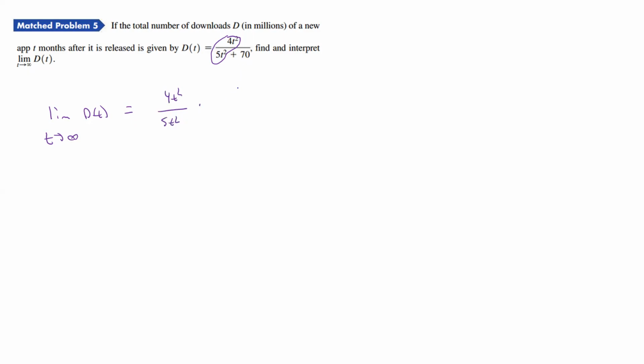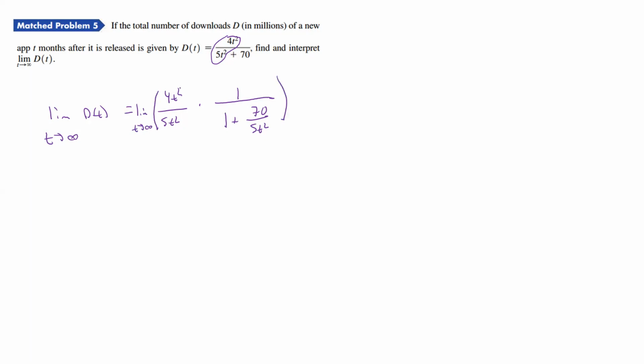What we've done is factor a 5t squared out of this, so that's going to be 1 over 1 plus 70 over 5t squared. And that's still the limit as t goes to infinity of that whole thing.